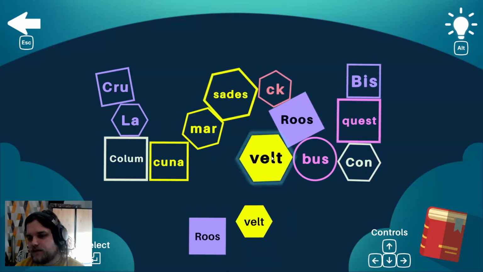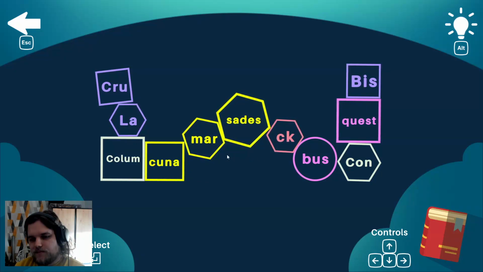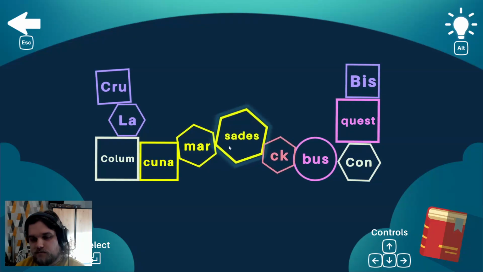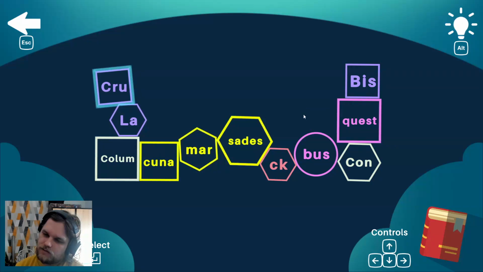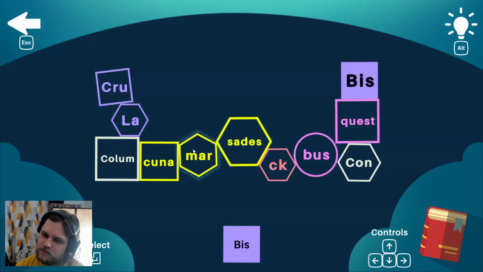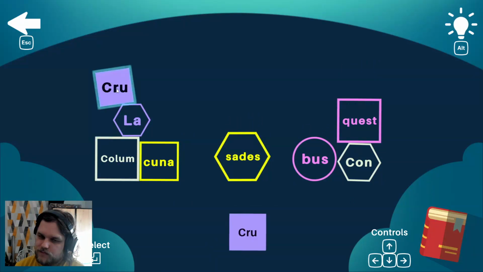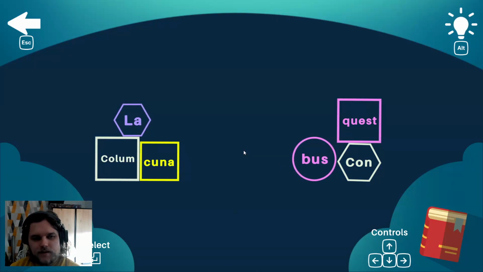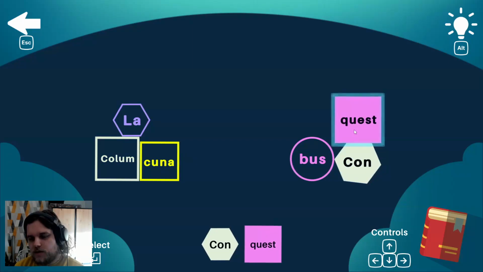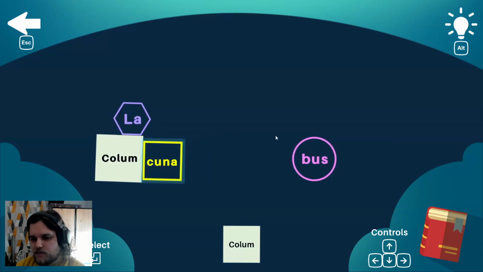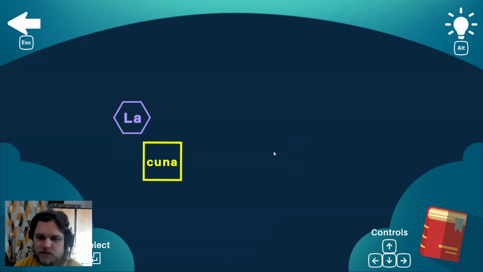Roosevelt, okay. Blue. Mark. Crusades, okay. Yes. Sounds familiar. Conquest. Someone. Columbus, okay, like Christopher Columbus.